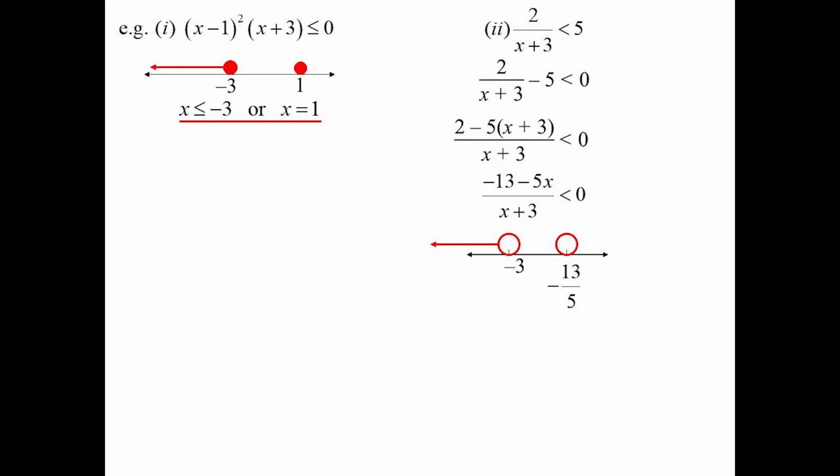Now, here's your challenge: a number in between -3 and -13 on 5. -2.9, excellent. Now sub it in. -2.9 on the top is still negative. I believe the bottom is positive, so it's negative.